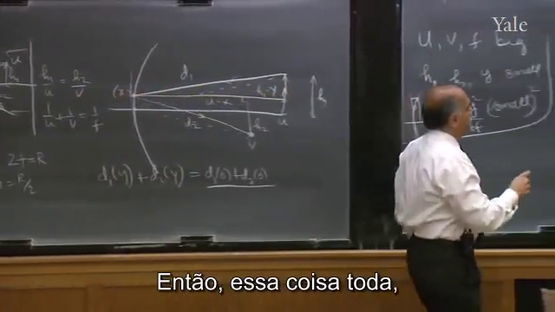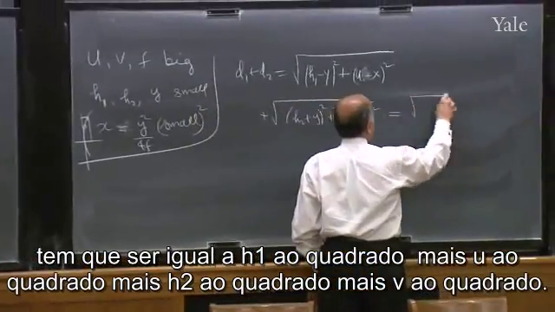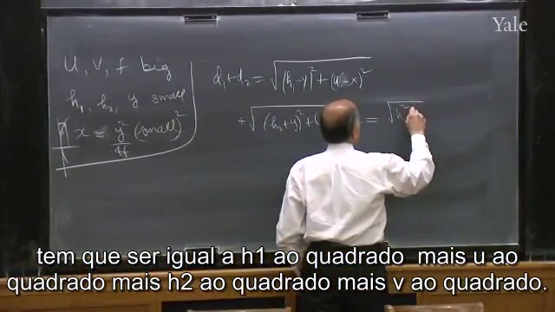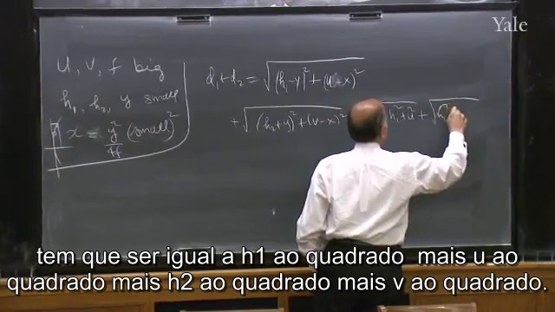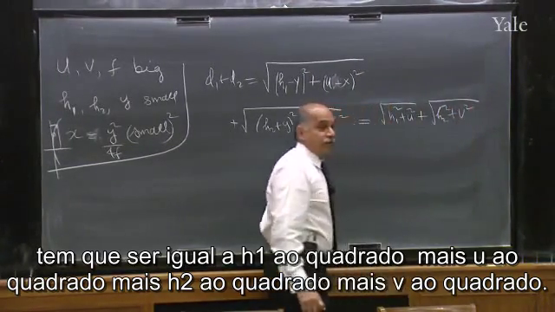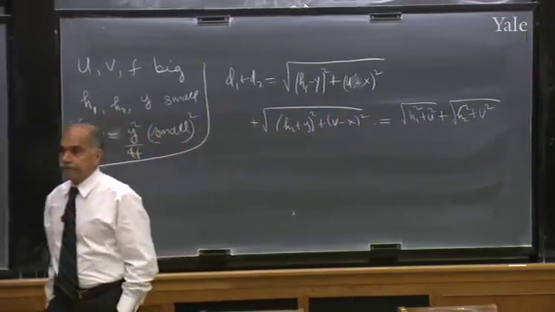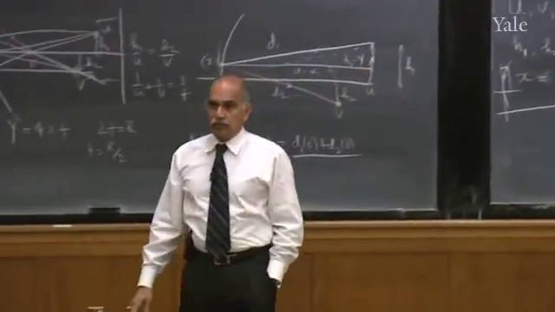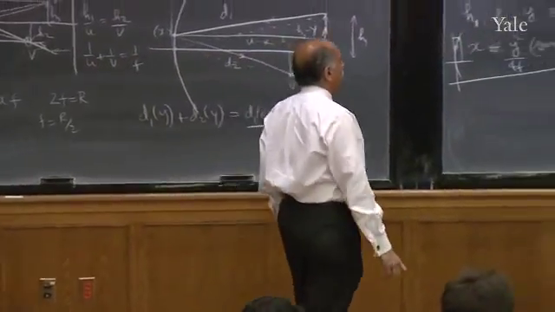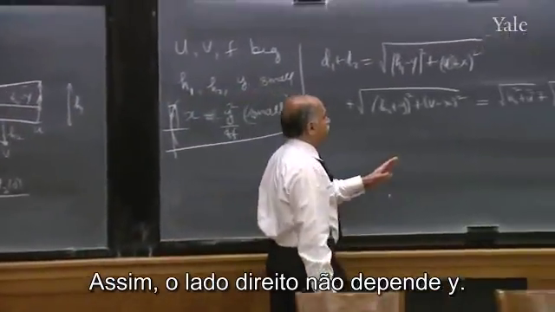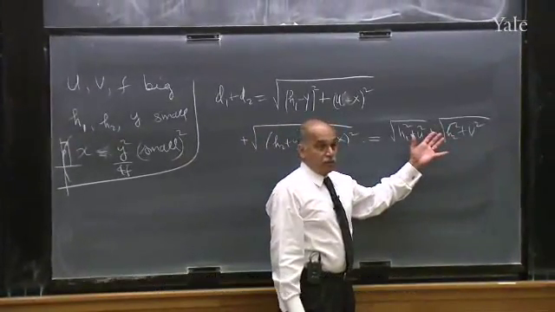So this whole thing has got to equal h1 squared plus u squared plus h2 squared plus v squared. So the right-hand side does not depend on y.